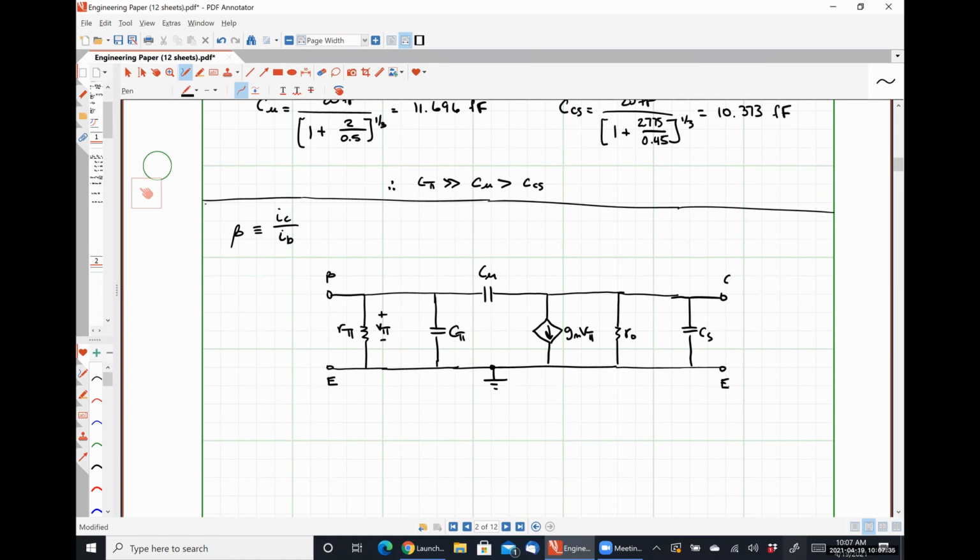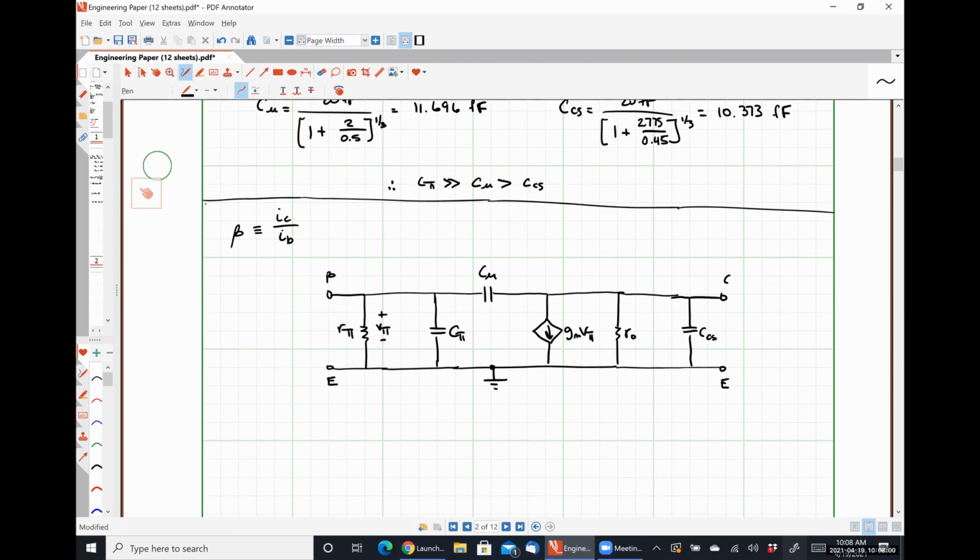Hopefully everybody's okay with that, because I haven't really made any change to the small signal model we talked about earlier, except placed CCS in parallel with R naught, and I get to do that when my emitter is at ground. So my emitter is at the same potential as my substrate.